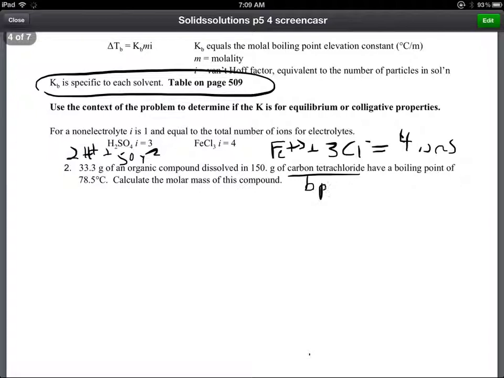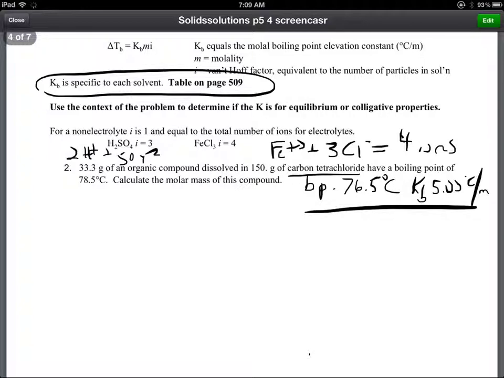So its BP, and again, this will be found in tables or given to you, it's 76.5 degrees Celsius, and I believe that's on the same table on page 509. And then the KB value is 5.03 degrees Celsius per molality. So again, these will either be given to you or you'll have a table to get them from. Okay.